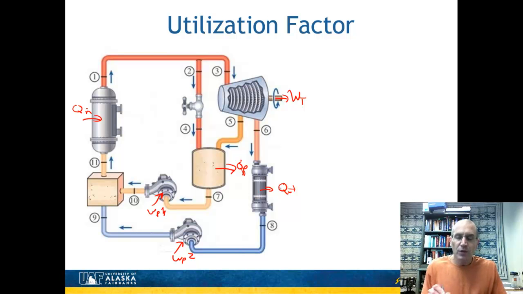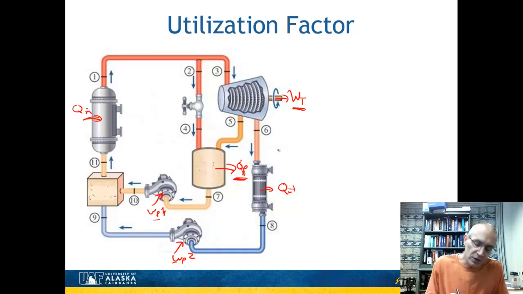In terms of utilization, what we're looking at is our desired over required, and actually we have two desired products here. We have the process heat and the turbine work. What's required is Q in, and then we're also requiring this pump work.